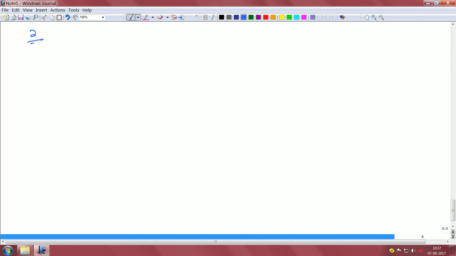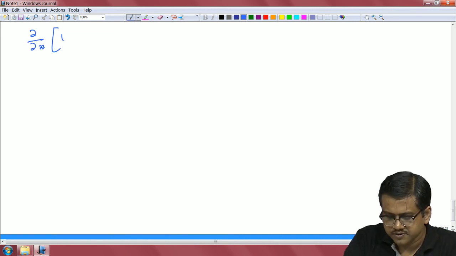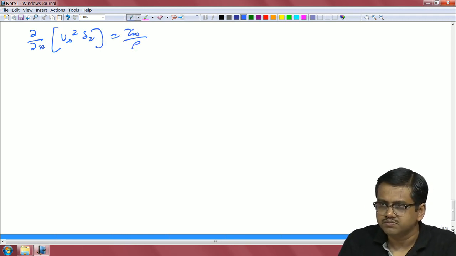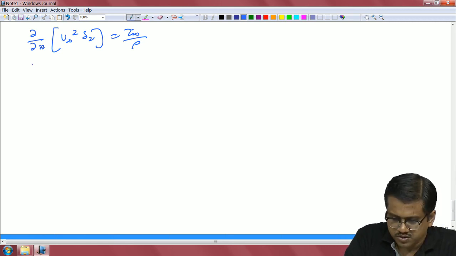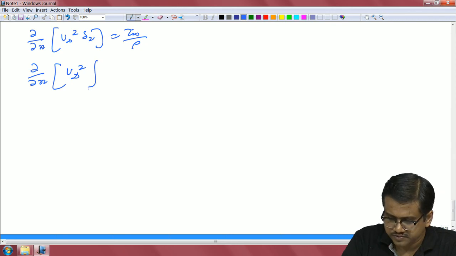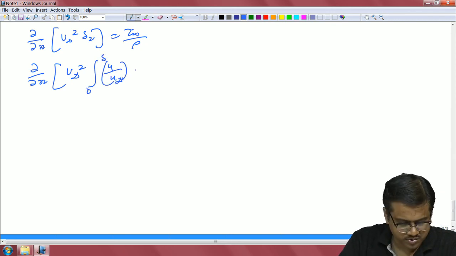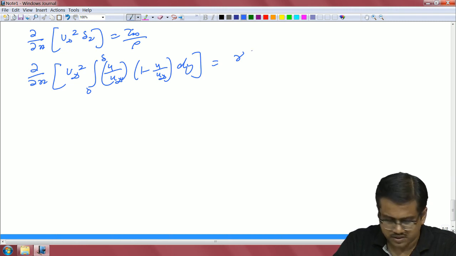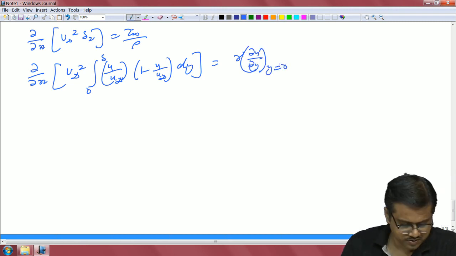Therefore, if we write tau wall by rho, that will be the form of the expression. Now, if we put this together, this is basically what we wrote earlier, remember, u by u infinity dy plus du/dy at y equal to 0.